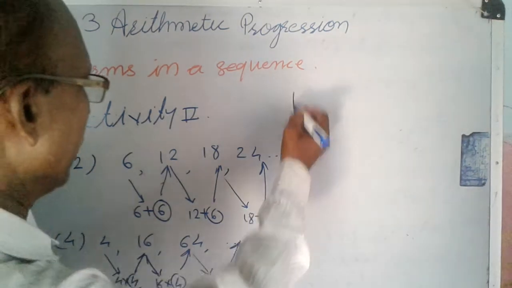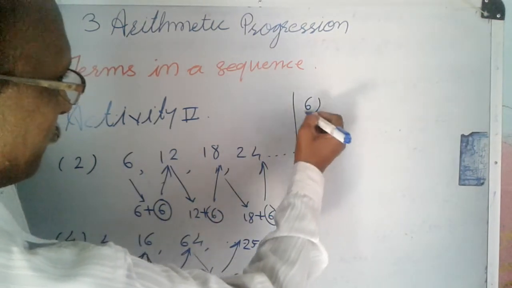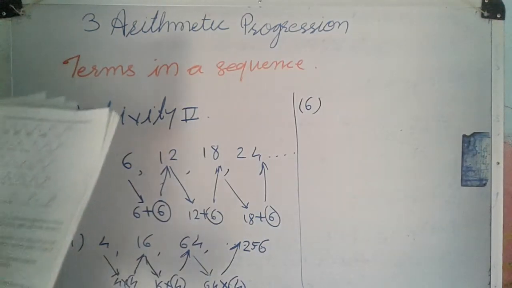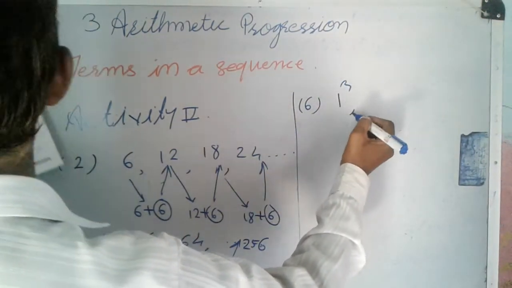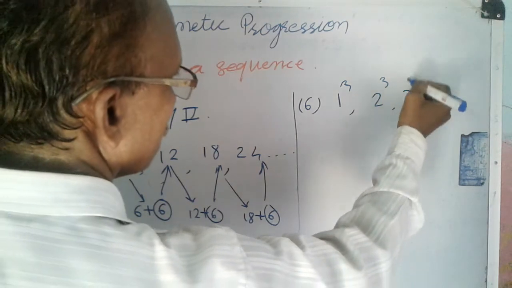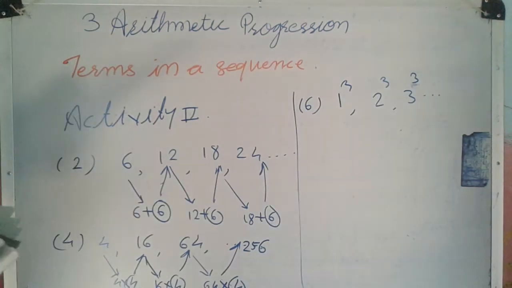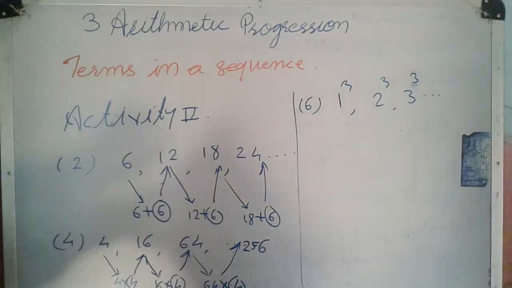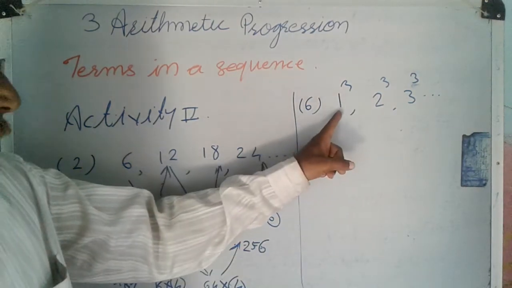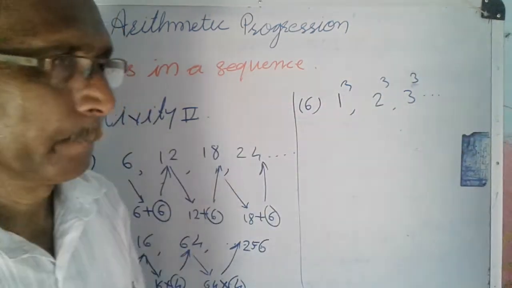Now here the next is the sixth example: 1 cube, 2 cube, 3 cube, 4 cube, 5 cube, like that.